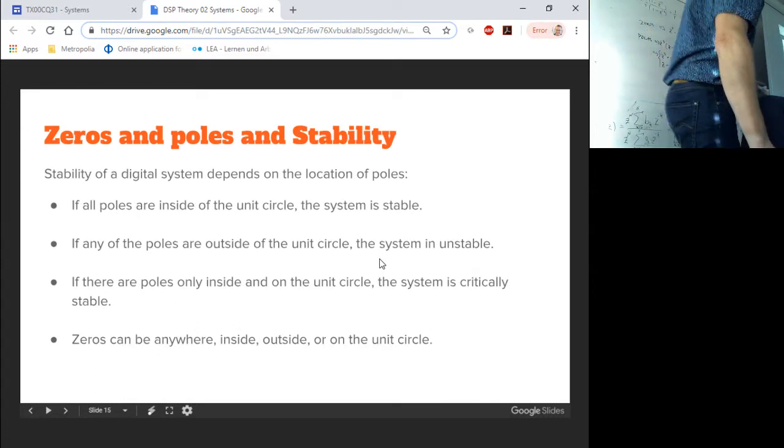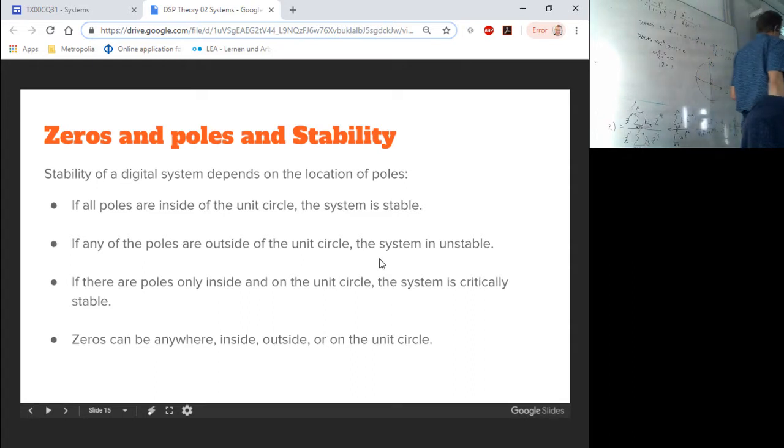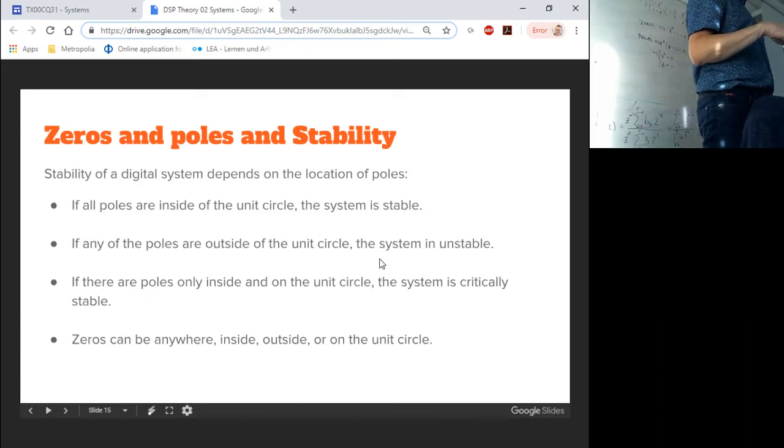And yes, stability. I also already stated that, okay, if all poles are inside of the unit circle, the system is stable. If any of the poles are outside of the unit circle, the system is unstable. Critically stable basically means that it's on the unit circle. A critically stable system is similar to the analog critically stable systems. They are oscillators.